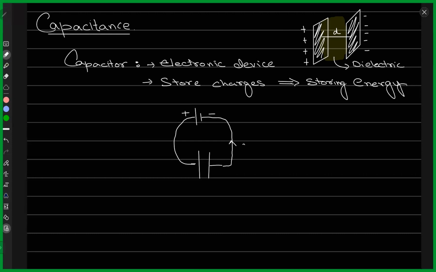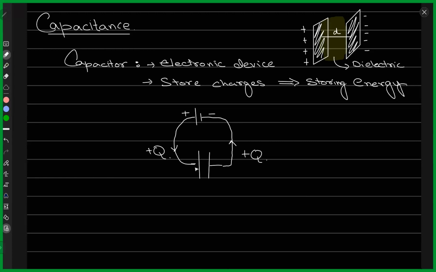So I'll write it as plus Q. And they would start moving in this direction. They would come to this plate in this way. So plus Q is coming towards this plate. So what's happening is charge is flowing onto one plate and an equal charge is flowing to the other plate.